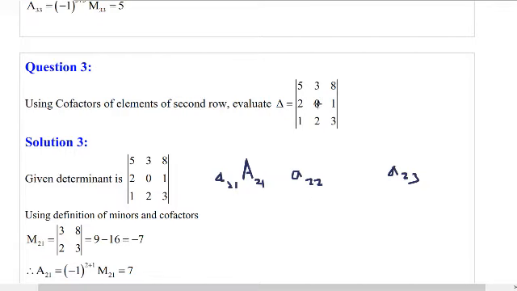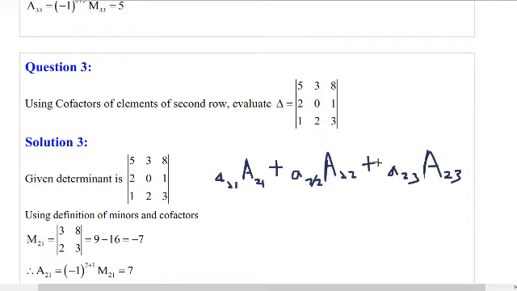Similarly, for this element a22, we'll multiply the cofactor of this element, and that cofactor is capital A22. And similarly for this element, we'll multiply its cofactor, that is A23. And once we do this, we'll add these products.